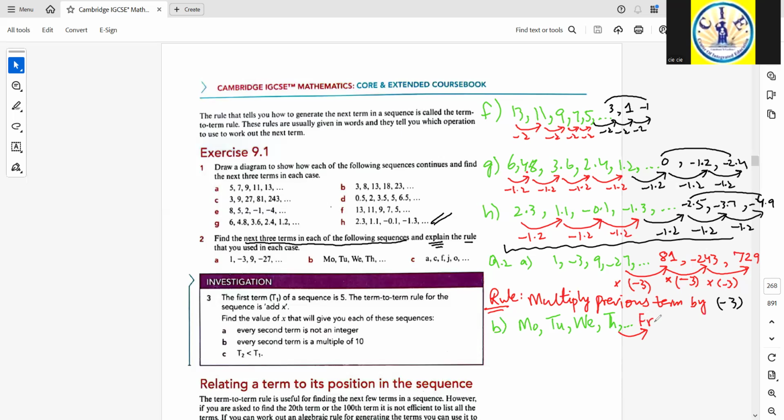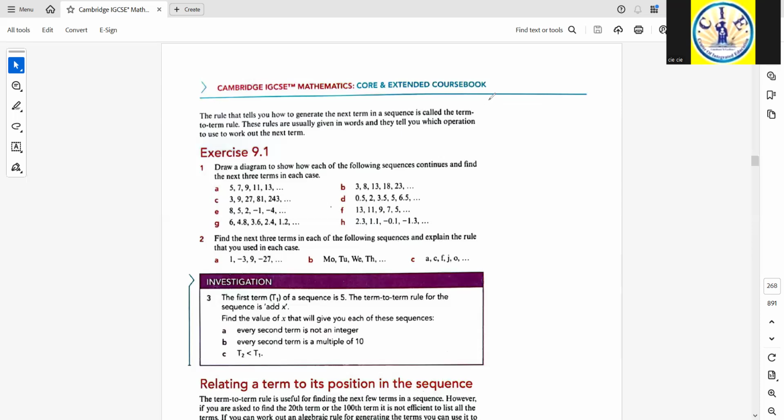So for Friday, I should be writing two letters of Friday, that is FR, then SA for Saturday, and SU for Sunday. So the rule could be the next days of the week. Okay.